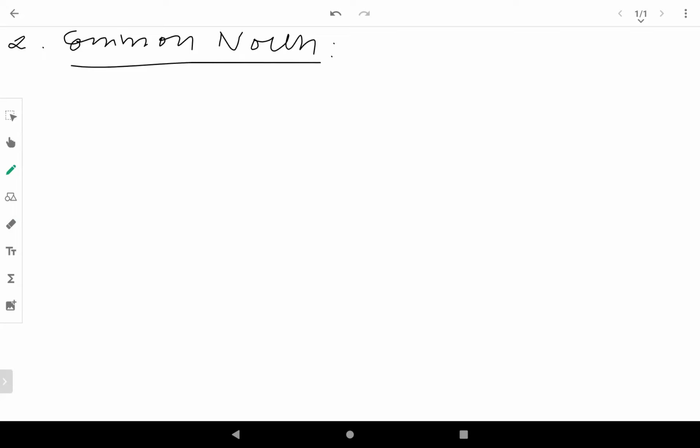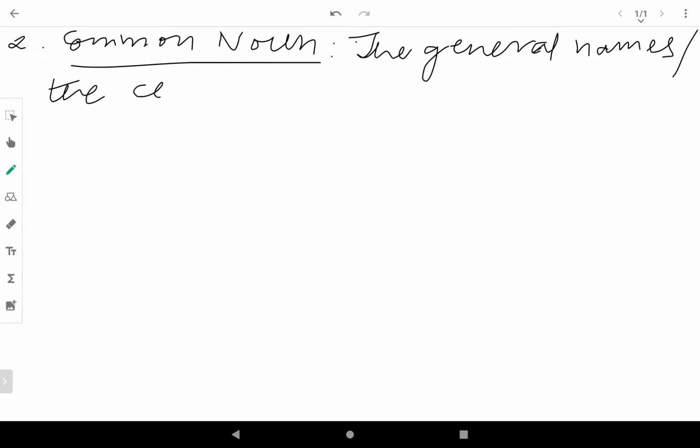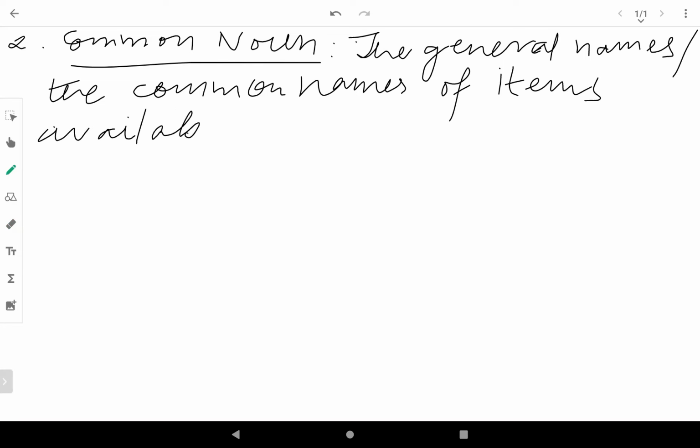So what is common noun? Common noun is the general names, you can say, or the common names of items available around us.